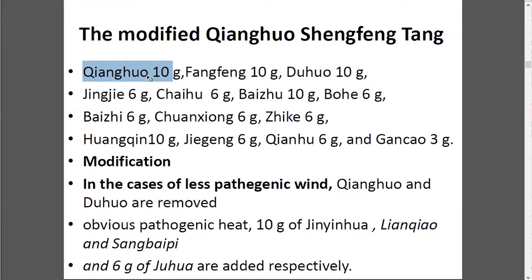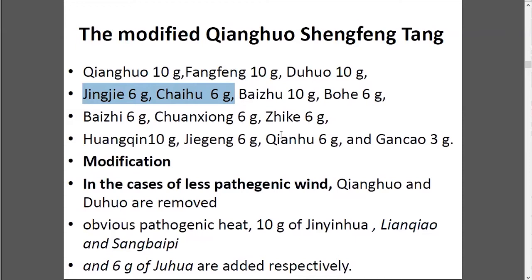Then we have other herbs here. 荆芥 relieves external pathogens and wind, and 柴胡 has different functions. It is good for relieving the external, and it can also go to the liver and gallbladder channels, but here it is used to relieve the external.